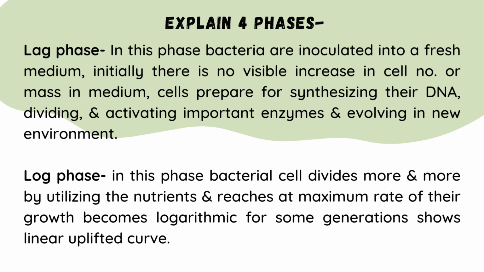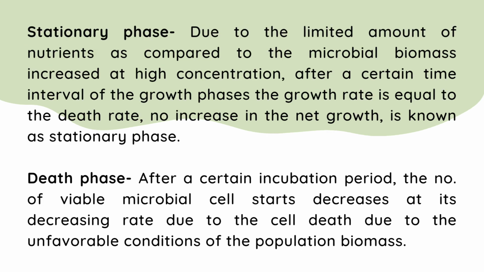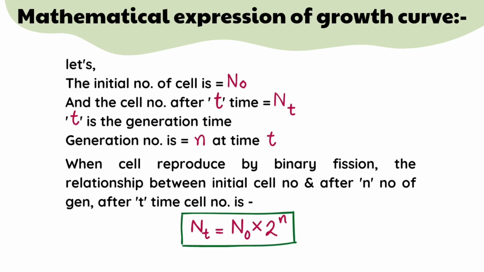As a result, some cells die after completing their generation number, and new cells divide, and the growth rate becomes equal to the death rate. That's why it's called the stationary growth phase, where not much growth is observed. And after that, some cells are dying and the population size is decreasing because cell death is increasing.